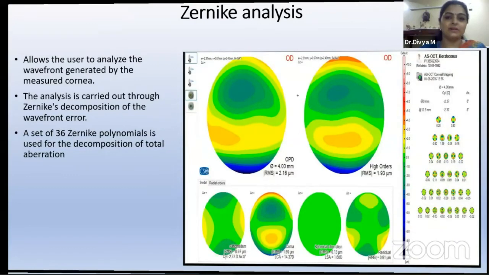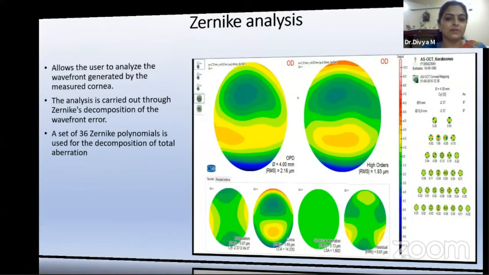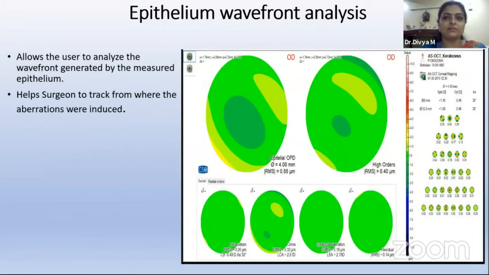Next, the epithelium wavefront analysis map. The epithelial map, as I already said, uses the 9 mm zone of the epithelial surface, and it gives us an idea to analyze the corneal epithelium and stroma independently again, and also tells us what exactly is causing issues.